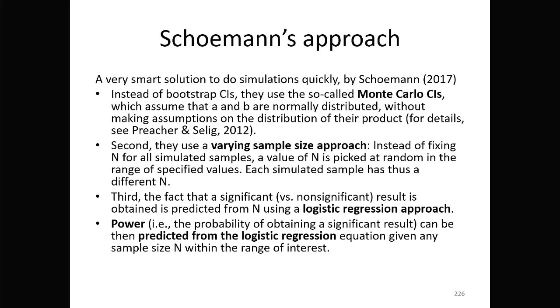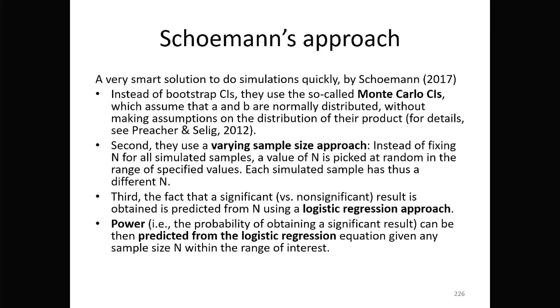What is a Monte Carlo confidence interval? These are simulated confidence intervals based on Monte Carlo simulation that, however, start from the assumption that at least the two coefficients, A and B, individually are normally distributed.